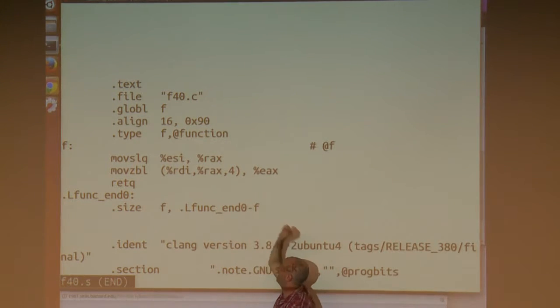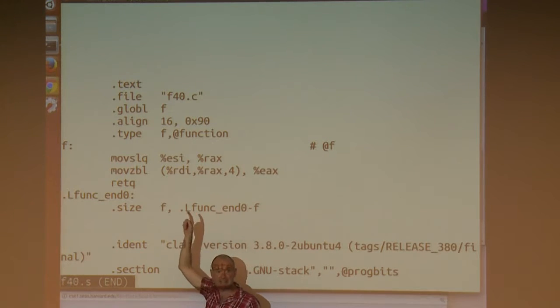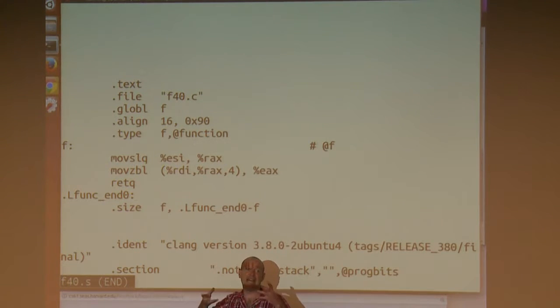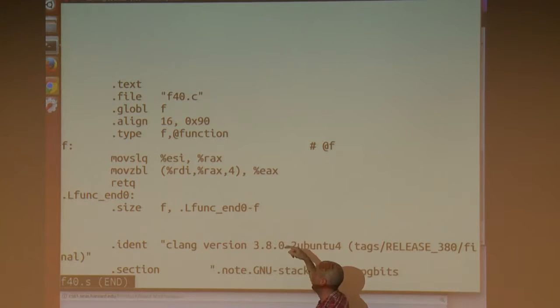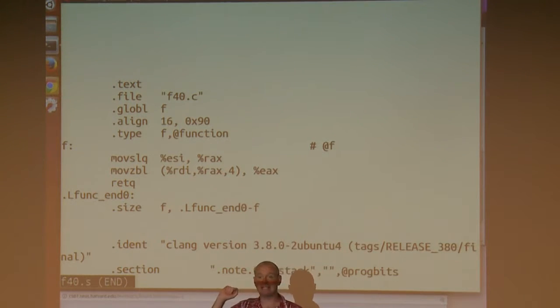So here, we have a scale of 4, which means that there's an array of things that are at least 4 bytes big, right? We can trace back the index, which here is RAX. We can then trace backwards and see that RAX came from ESI with sign extension, right? So that's just the second argument.